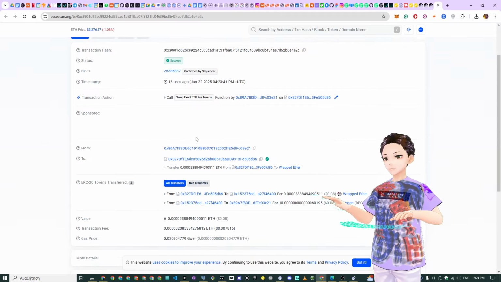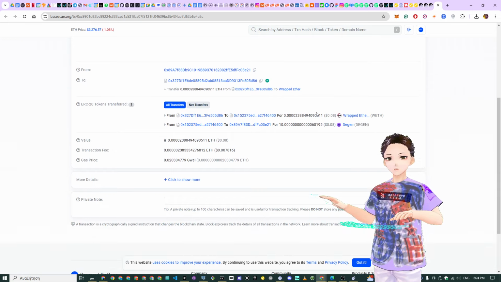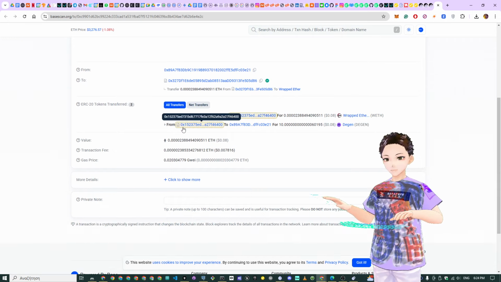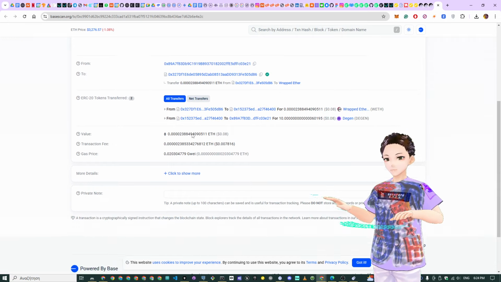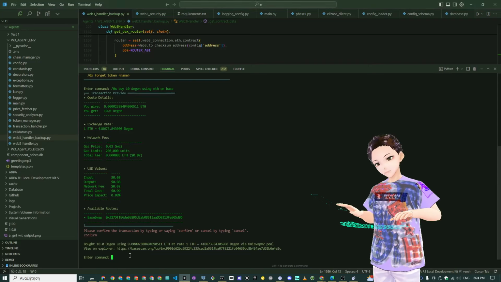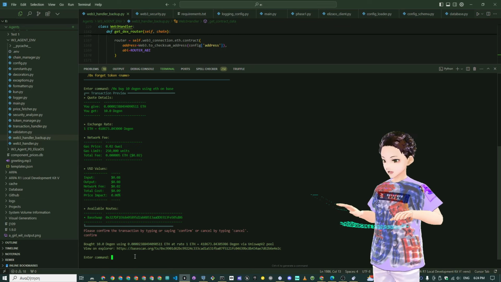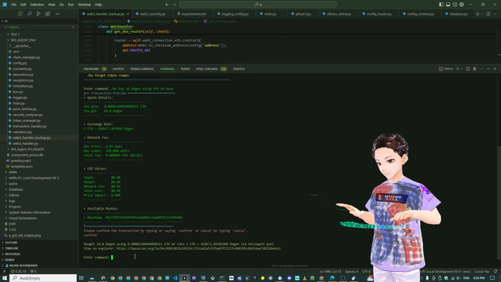And it says we used ether to buy degen, and it succeeded. So the idea is to have some sort of Web3 companion for users, and I'm not just talking about newcomers.